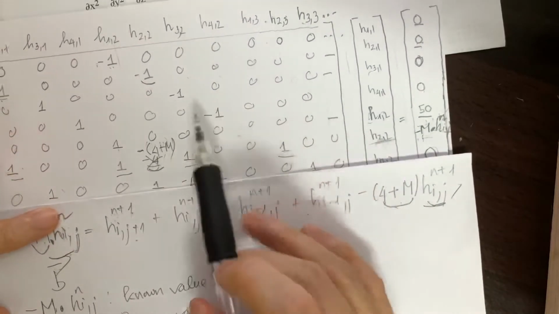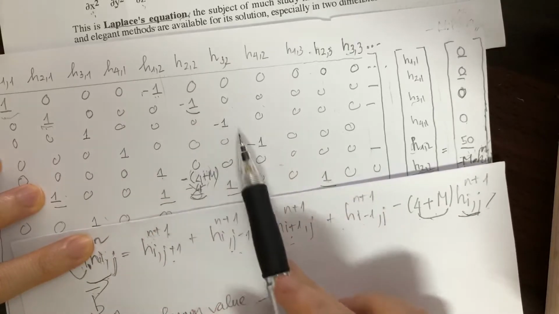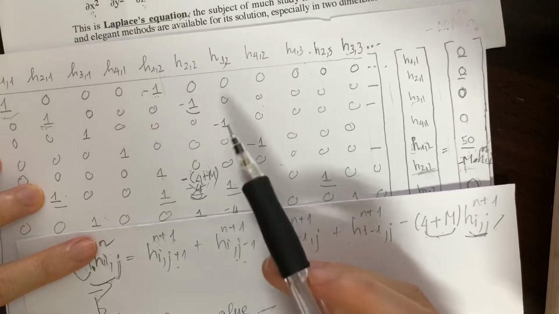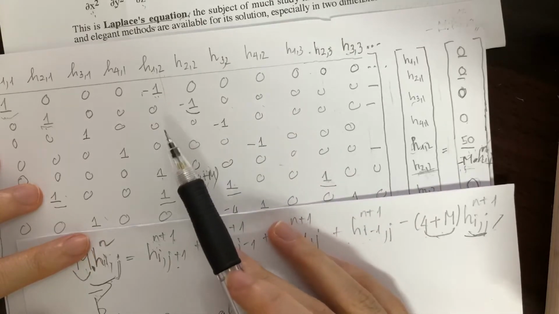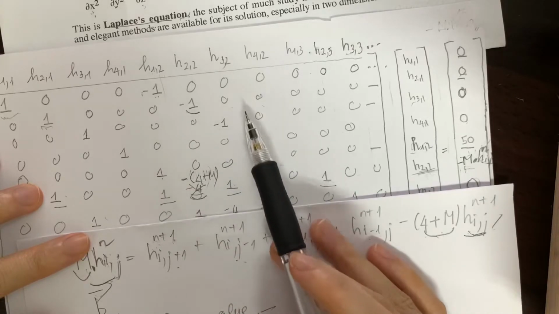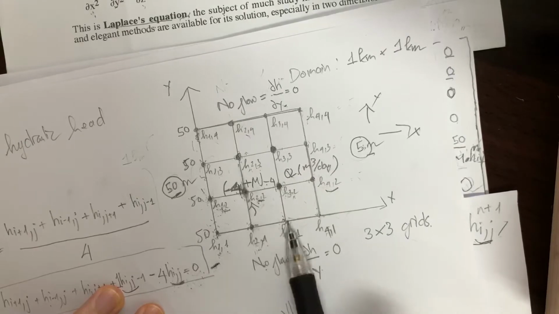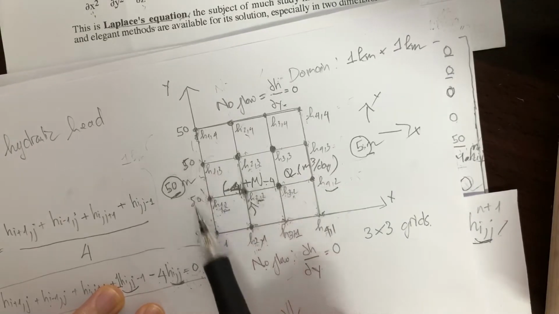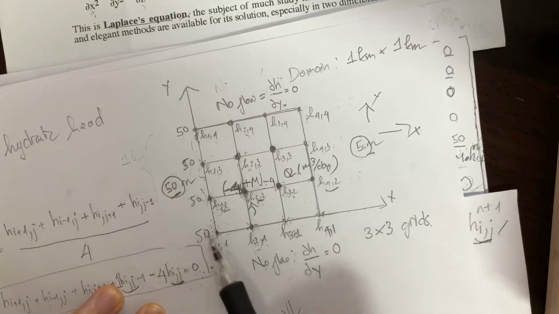Yeah, and all of the boundary is the same. The way to calculate the points on your boundary, for the no flow boundary and for the specified boundary, is the same as the Laplace equations for the steady state.